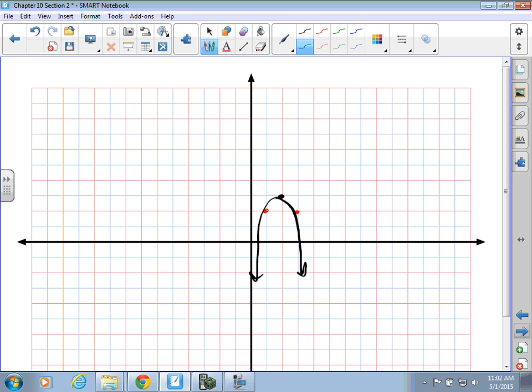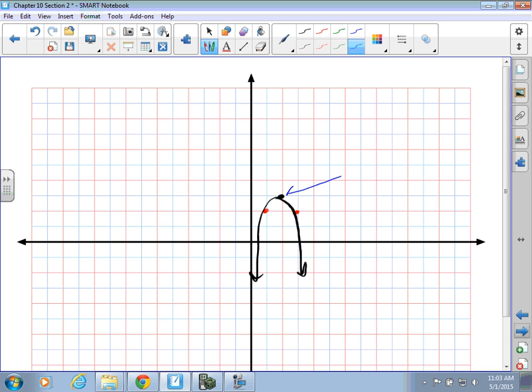Is it a maximum or is it a minimum? It's a maximum. Why? Because I'm on top of the mountain. Because it opens down, right? Okay? And I need to write something underneath that. What would I write? Y equals, and it would be 3.